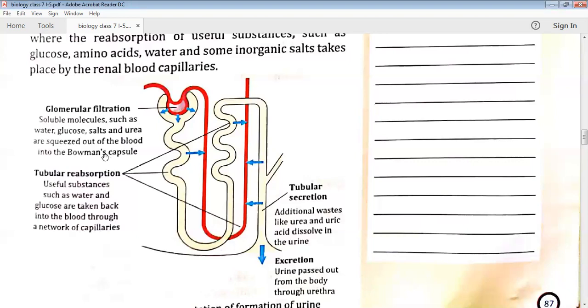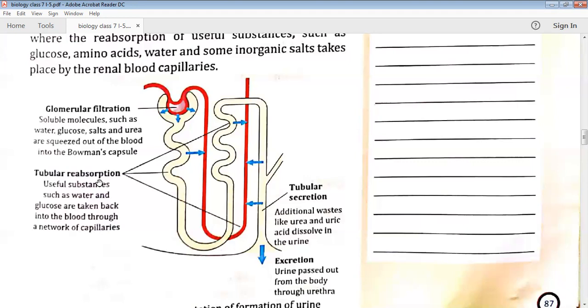Then the next process is tubular reabsorption. After the blood has been separated out of water, glucose, salts, etc., the filtrate of the glomerulus passes through the thin wall of Bowman's capsule and moves forward into the renal tubule.